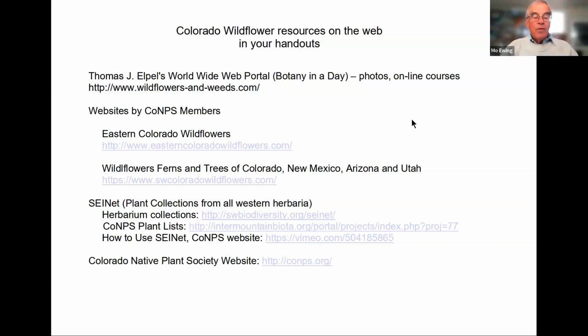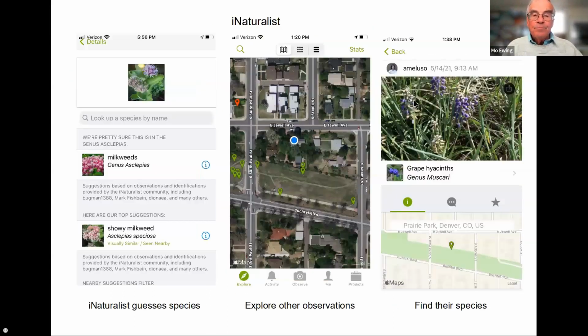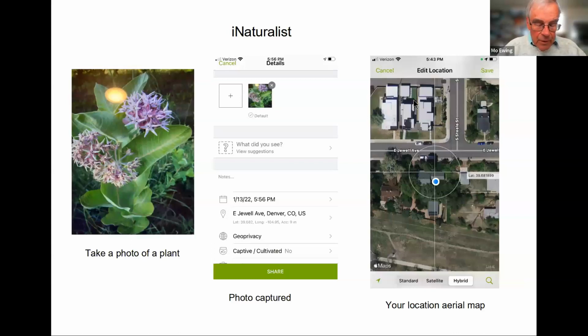And then one more thing that I've got to tell you about is an app for your phone called iNaturalist. It's an app designed to encourage citizen science, but it's really, really cool. I use it all the time. The way it works is that you load it into your iPhone, take a photo of the plant, and it collects the photo, the time, the date and the location.